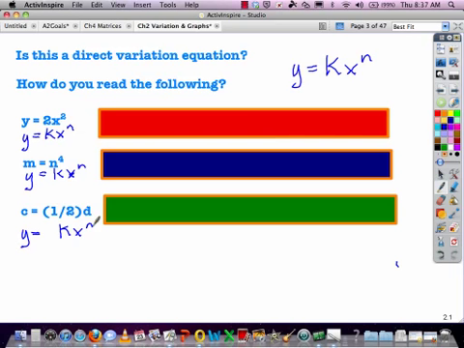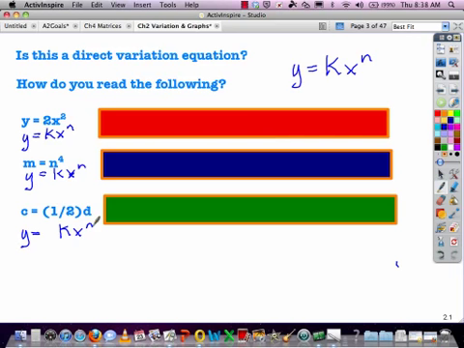And as long as it's positive, which it is, we're good. So I believe all three of these are direct variation equations, and those are some of the characteristics you can look for in identifying your equations. You do need that multiplication look that we have. It has to be multiplied by that constant and the power of x to the n.